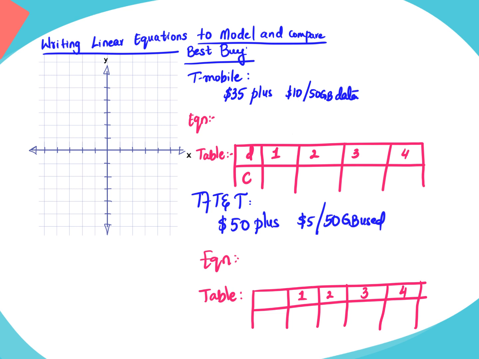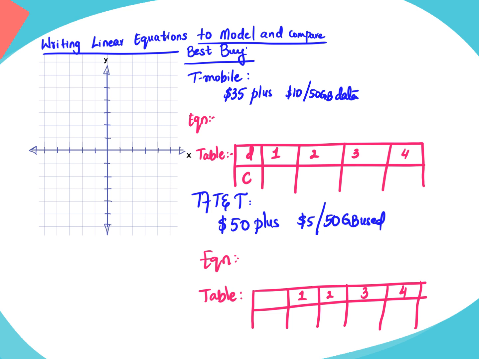In the first situation there is a $35 flat fee, but the value changes by $10 for every 50 GB. So how would you write this equation?